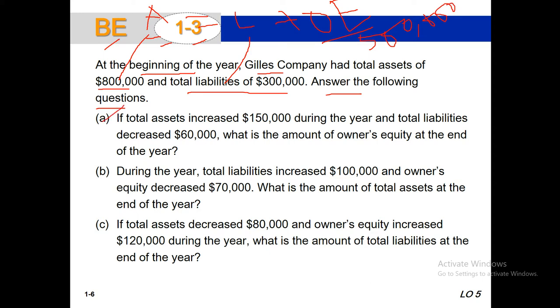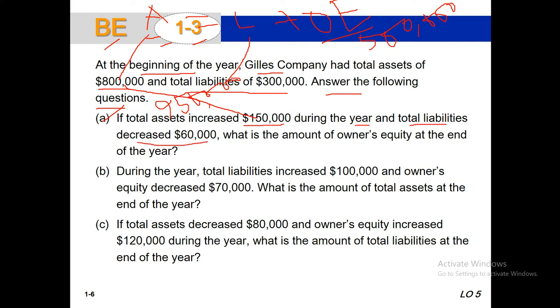If total assets increased 1,50,000, that means our total assets increased. So 8 lakh plus 1,50,000 will be 9,50,000. Now during the year the total liabilities decreased 60,000.